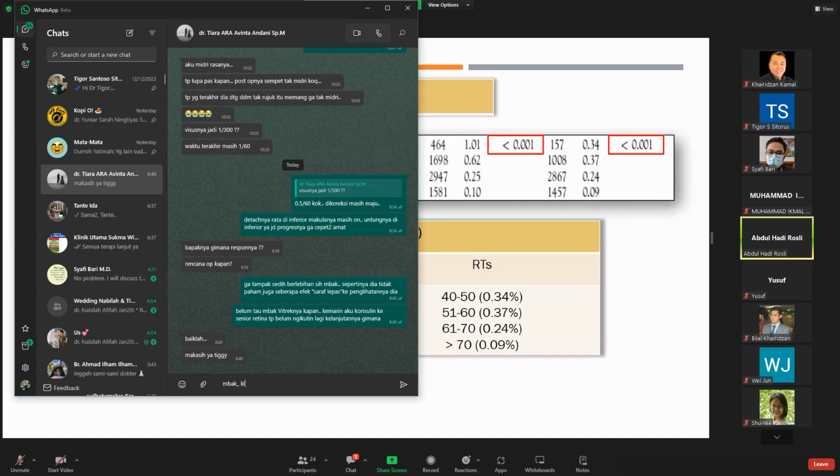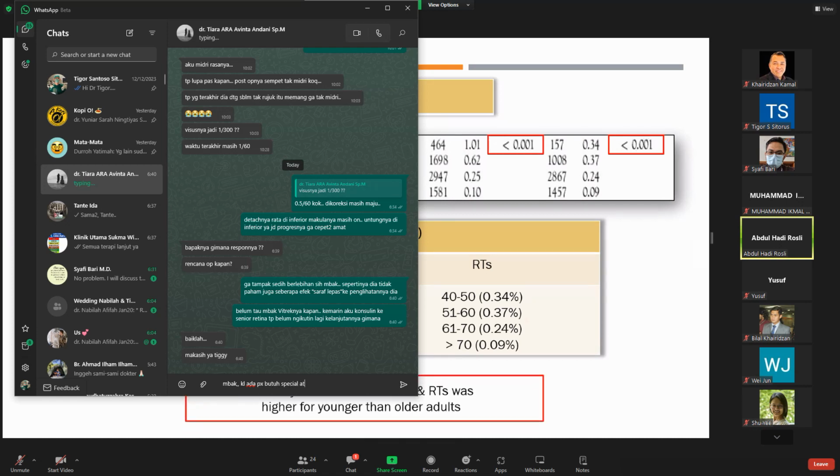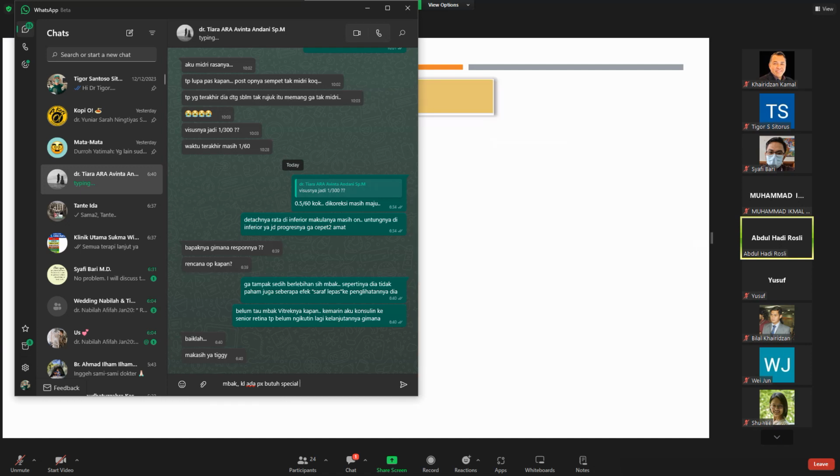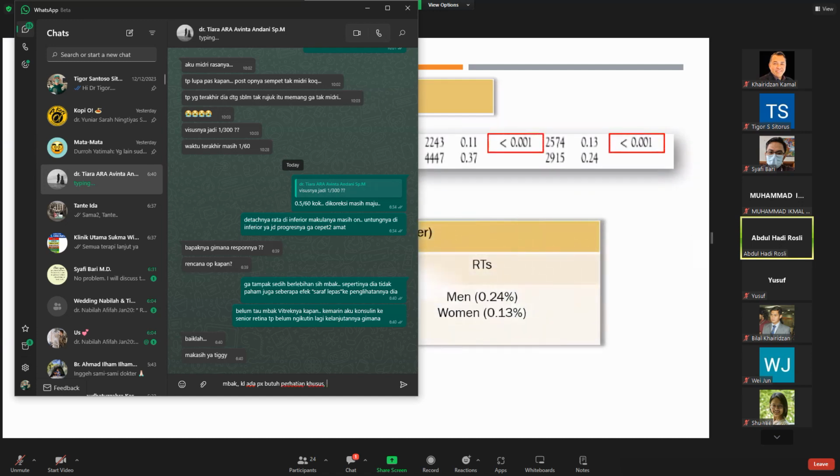And the statistical analysis found that the association was significant. Next, for gender, the incidence of RRD and retinal tear was higher in the men group. So they compare between men and women.